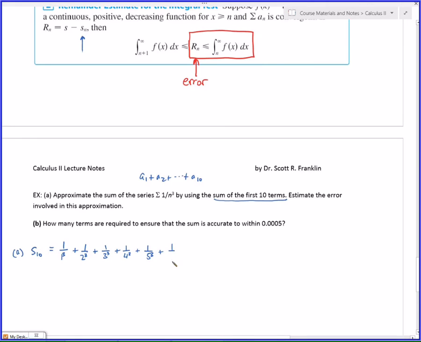And in your homework, you'll need to be able to calculate this with your calculator and get a decimal number. So when I plugged this into my calculator, I got 1.1975, and it kept going, but I rounded to the 4th decimal place.